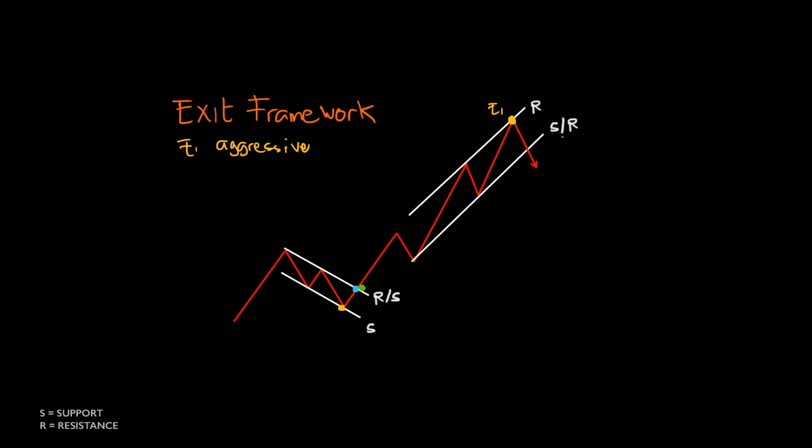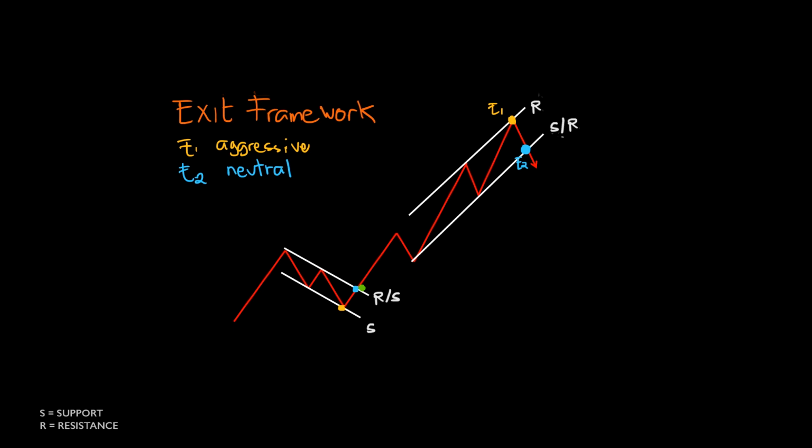While in the same way, the second major exit point is the moment where prices break through your support level, which by now you know 70-80% of the time happens on that third test of support. That is what we call our E2 or exit 2, which we also call our neutral exit.